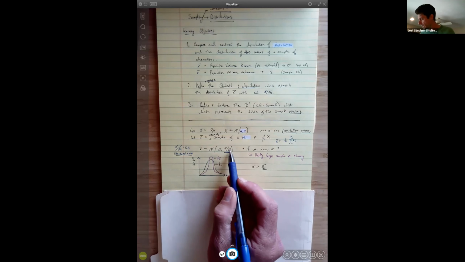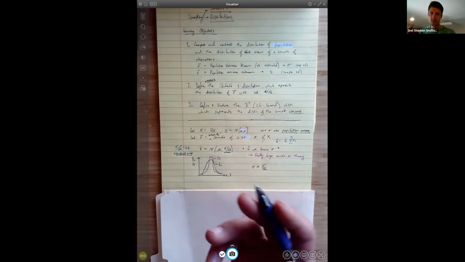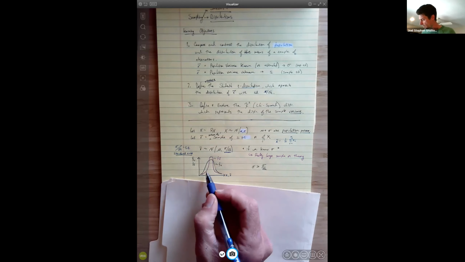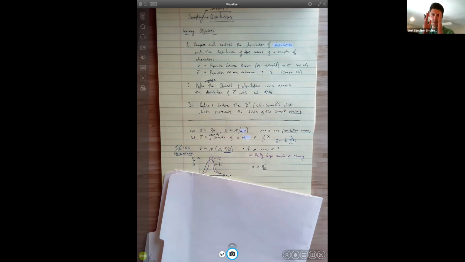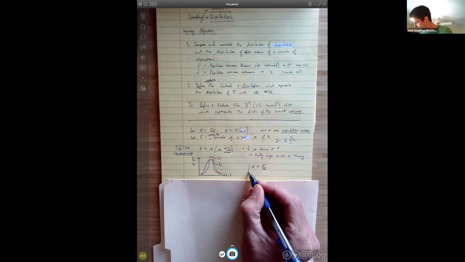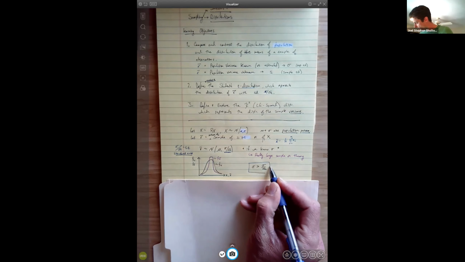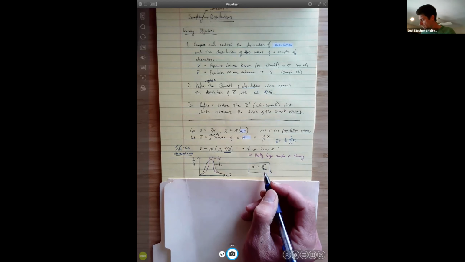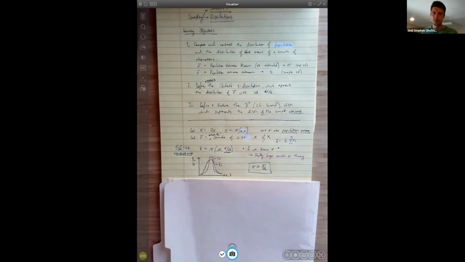If we divide by the square root of n, and as n increases, as we get a larger and larger sample, the distribution of X bar is going to be much narrower with a lower standard deviation. So we'll just note here that sigma is greater than sigma over square root of n, and that the variability, or the spread, of our sample mean X bar is less than that of the underlying distribution.